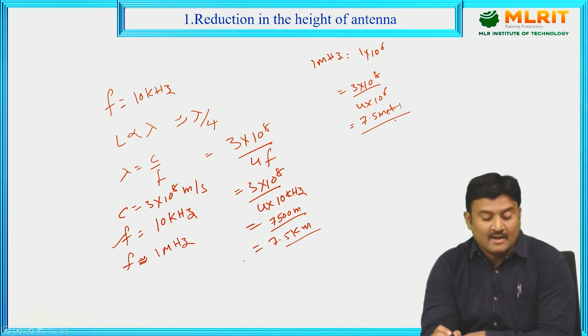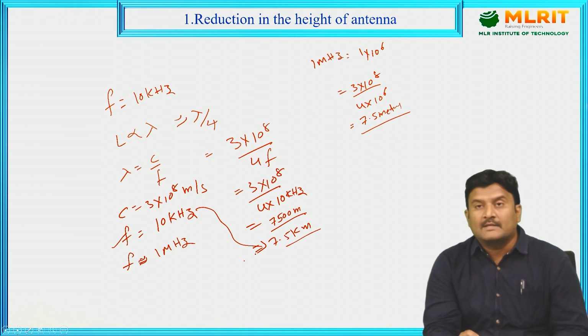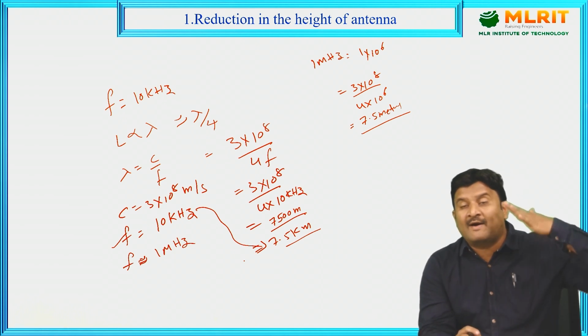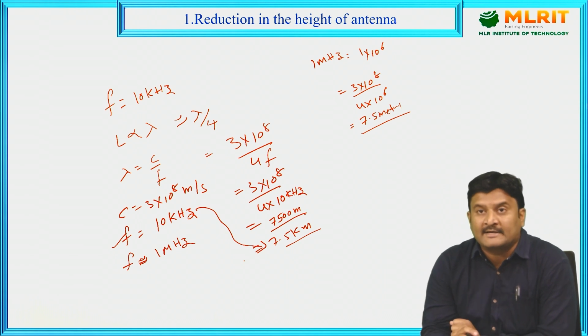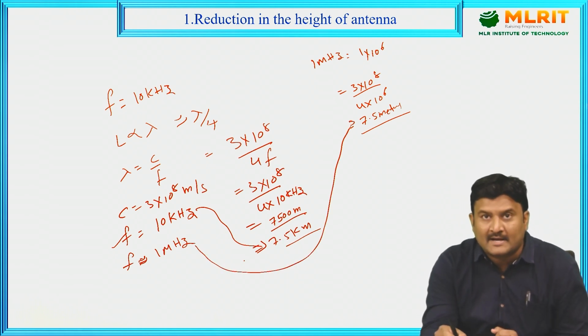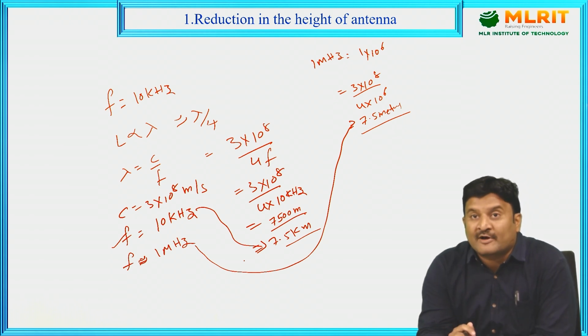That means when you transmit F equal to 10 kilohertz, the antenna height required is 7.5 kilometers. If you transmit F equal to 1 megahertz, the antenna height should be 7.5 meters only.